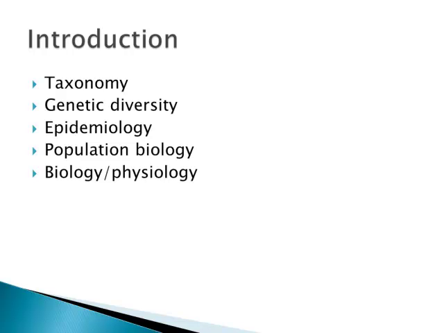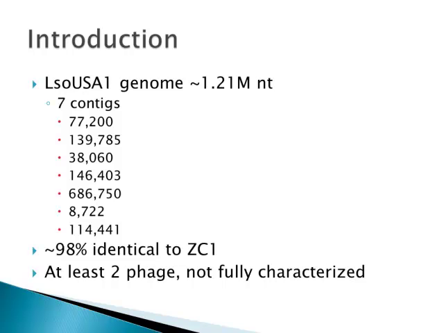We'd like to do some population biology in different plant hosts and different insect vectors. And then, obviously, biology and physiology. We can track infections in different locations, different temperatures, different hosts.